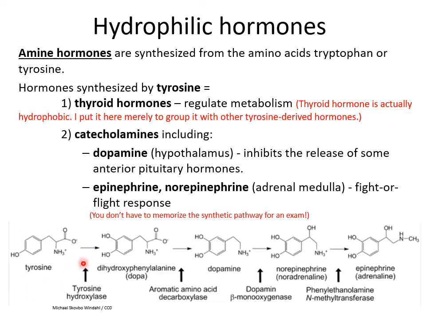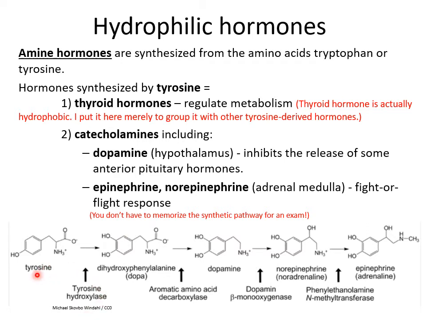Here is the amino acid tyrosine. Through a series of enzymes, here's the first, the second, the third, and the fourth, these enzymes sequentially convert tyrosine into different products that eventually produce different hormones.